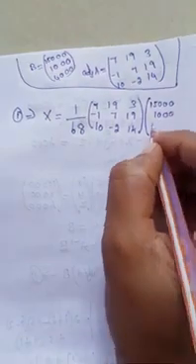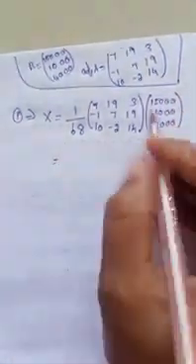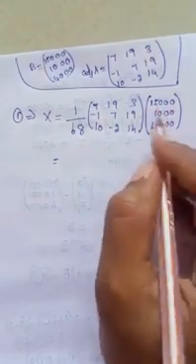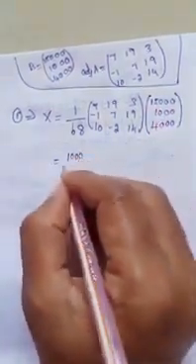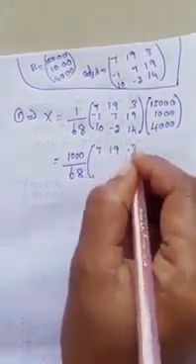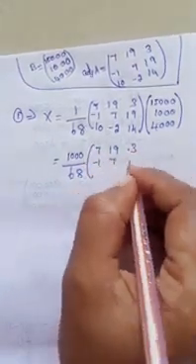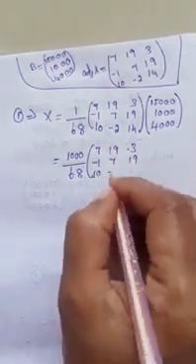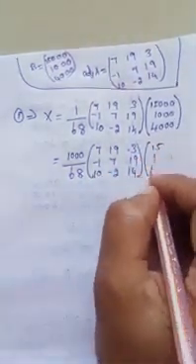Into B, 15,000, 1,000, 4,000. So in order to simplify it, shall we take the 1,000 outside? So 1,000 by 68 into 7, 19, 3 minus 1, 7, 19, 10 minus 2, 14 into 15, 1, 4.